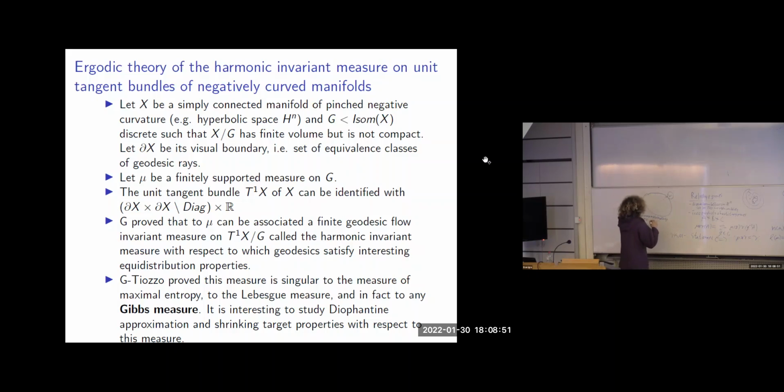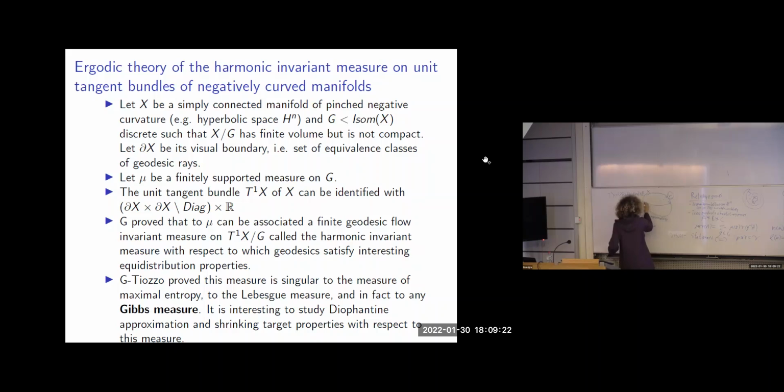And if you know something about unit tangent bundles of universal covers of negatively curved manifolds, the unit tangent bundle of it is like boundary cross boundary minus diagonal cross R. Because the geodesic is determined, think of the unit tangent bundle as the space of unit speed parameterized geodesics.